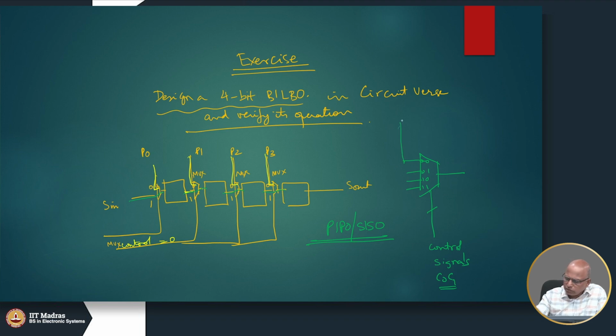Okay, P0 will be connected here. 0 1 could be serial in, serial out, in which case we are doing the way we are doing here. If it is a linear feedback shift register, you have to control 1 0, and if it is a MISR, you have to control 1 1. So that is a hint. Use this hint to build a BILBO.